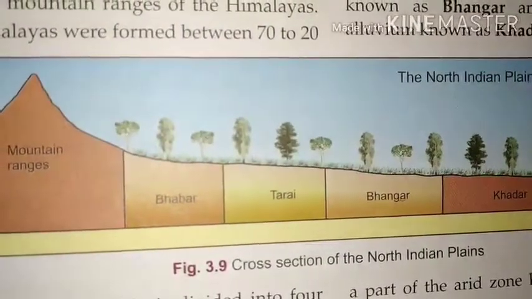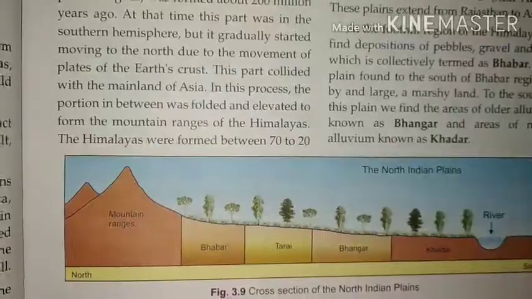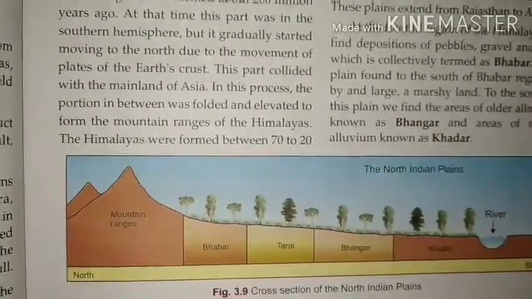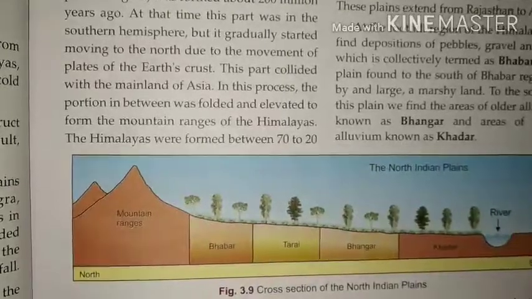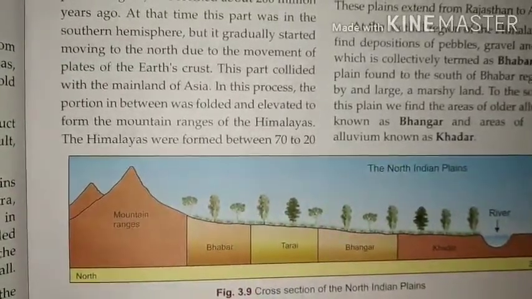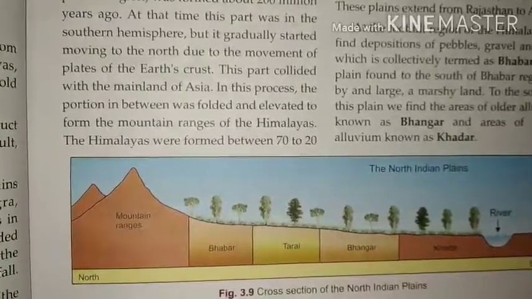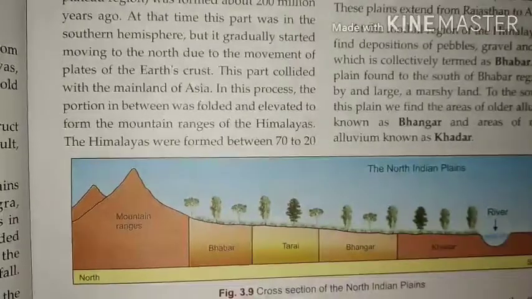So we will try to understand Bhabar, Tarai, Bhangar and Khadar. The first one is Bhabar. What is Bhabar? The foothill region of the Himalayas. You can see Bhabar is around the foothills of the Himalayas. There is a deposition of pebbles, gravel and sand, which is collectively termed as Bhabar.